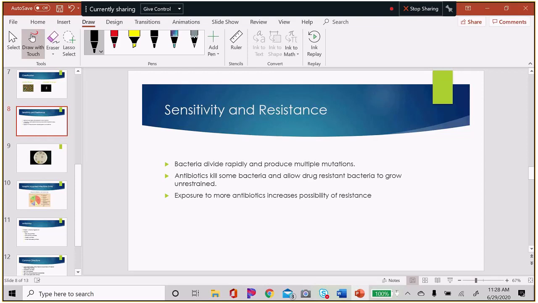And so bacteria that survives antibiotics because of mutations will then share that information with their neighbors. So if I had a virus but took an antibiotic and some of my own flora mutated to be resistant and shared that information with the rest of my bacterial flora, then if I become infected, my good bacteria can share that information with the bacteria that I'm infected by. So that's how that occurs.